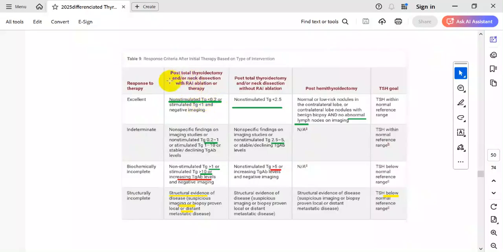This is after total thyroidectomy or neck dissection with radioiodine ablation or therapy. And if it is only post total thyroidectomy without radioiodine ablation, the excellent response is non-stimulated thyroglobulin less than 2.5.